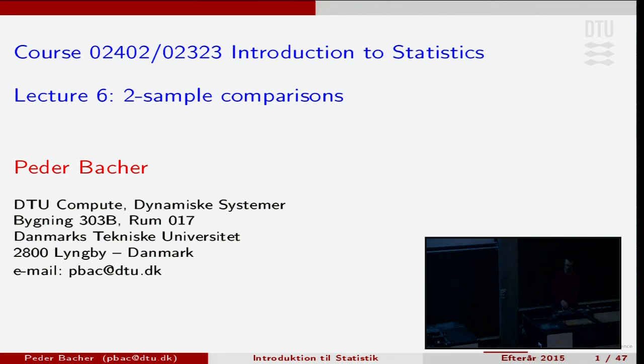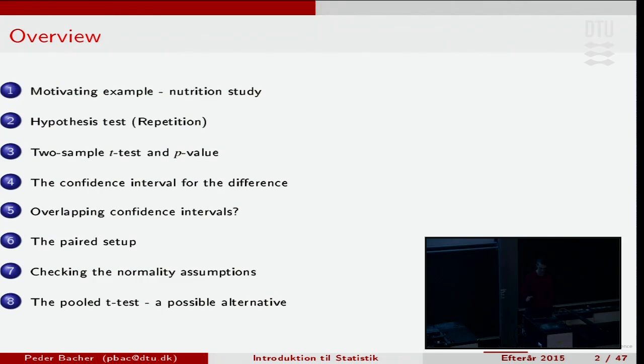Okay, but let's get started. Today is lecture number 6 on two sample comparisons. So let's see what that is about. We will have an example which we will follow throughout the lecture. And then we will repeat hypothesis testing, the steps in hypothesis testing, and what you need to know about that.